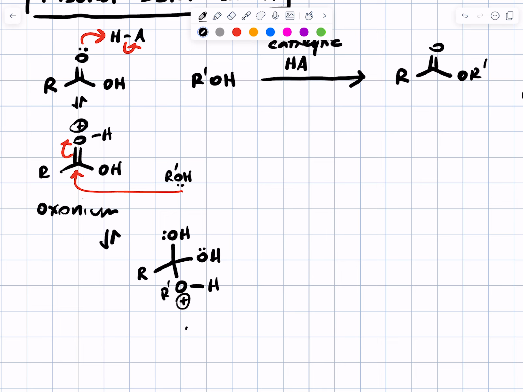Instead, if we use the conjugate base of our acid, we can deprotonate the oxonium ion that has the proton on the OR group. That will take us to this neutral intermediate. We won't call it a hemiacetal because it's not.